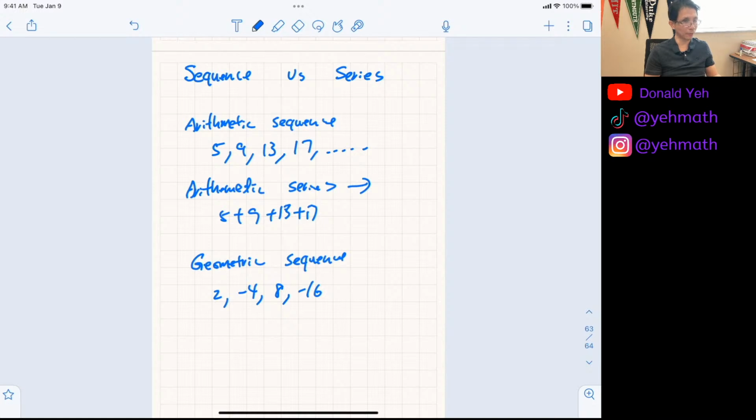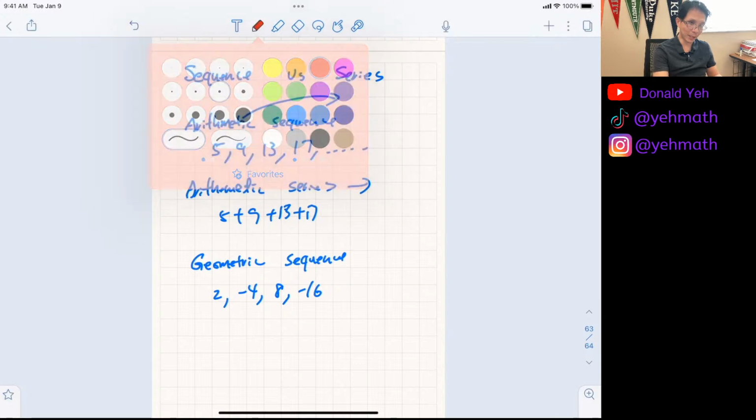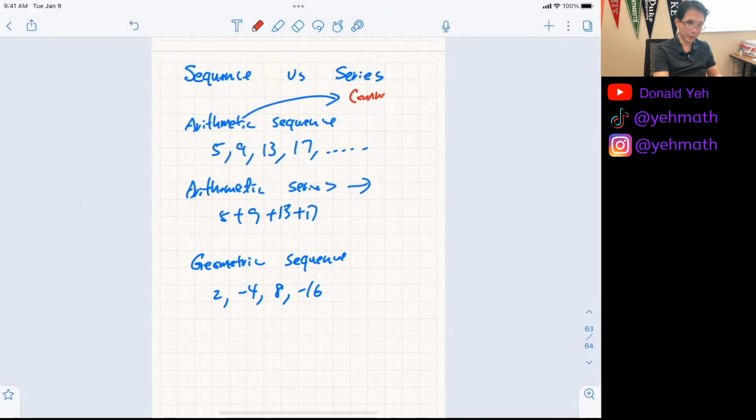Okay, so there's a difference between arithmetic and geometric. Arithmetic is going to have a common difference. I'm going to give you a fast algebra 2 breakdown. Common difference, because it's always the same difference if you take one term minus the previous.